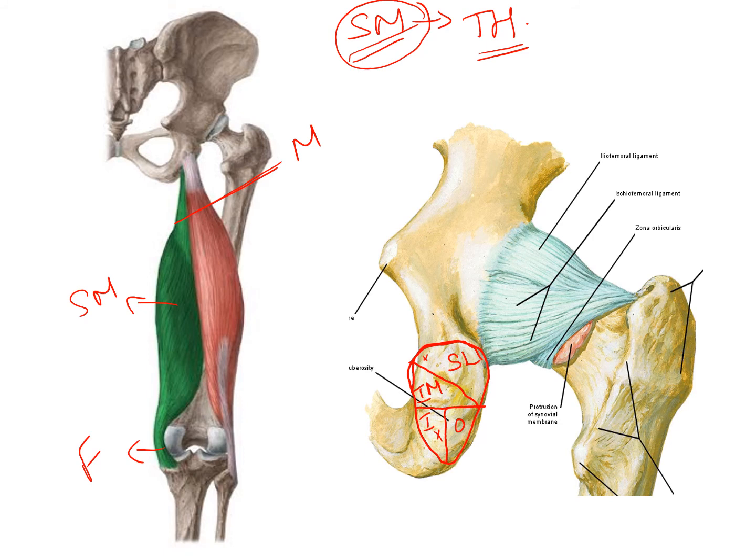So quickly we can revise it once again. This is the ischial tuberosity of the hip bone. A transverse ridge or line divides it into an upper quadrilateral and a lower triangular area.